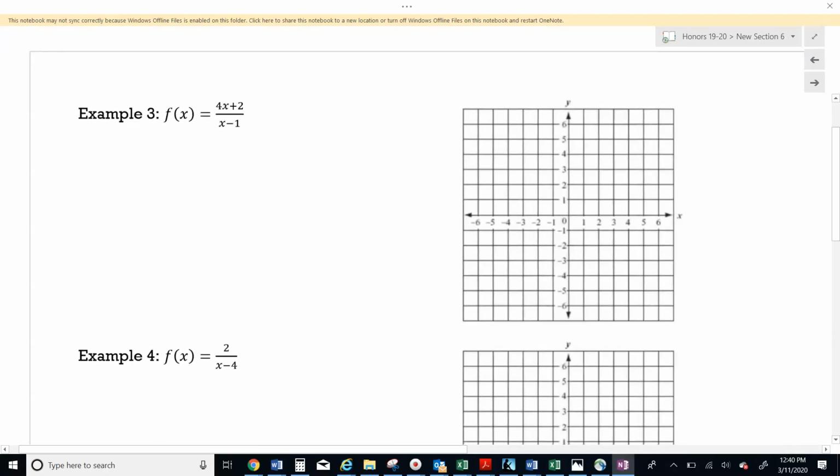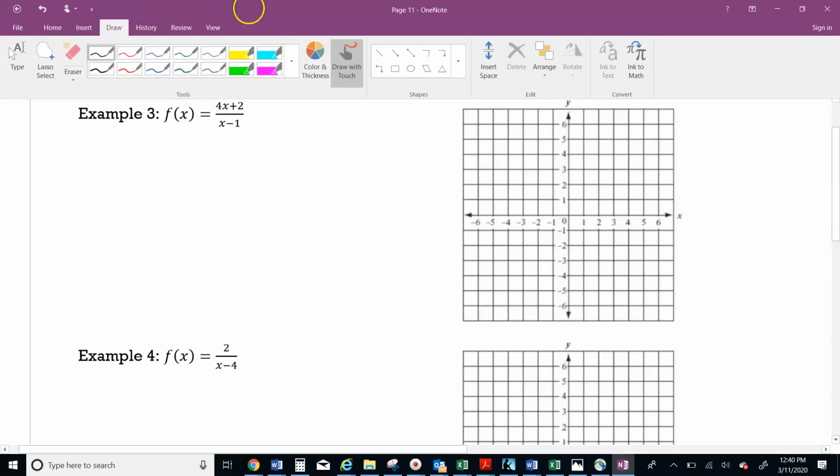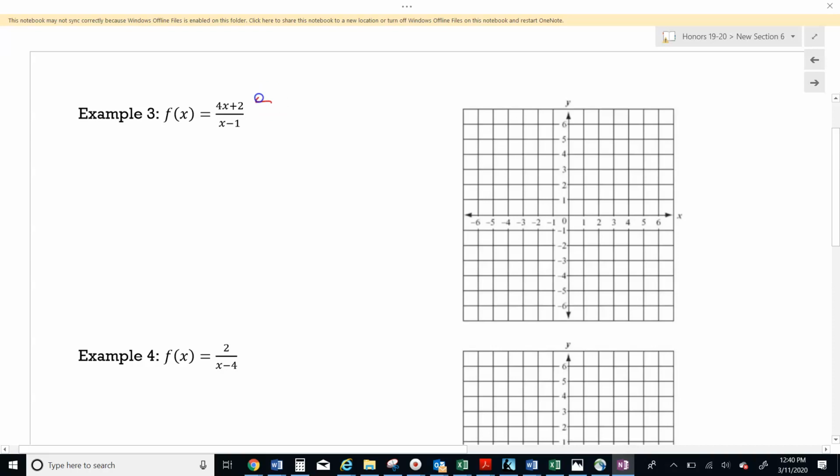We have 4x plus 2 over x minus 1. So again, same type of thing for step 1. The degree equals 1 because it has a 1 here and a 1 here.